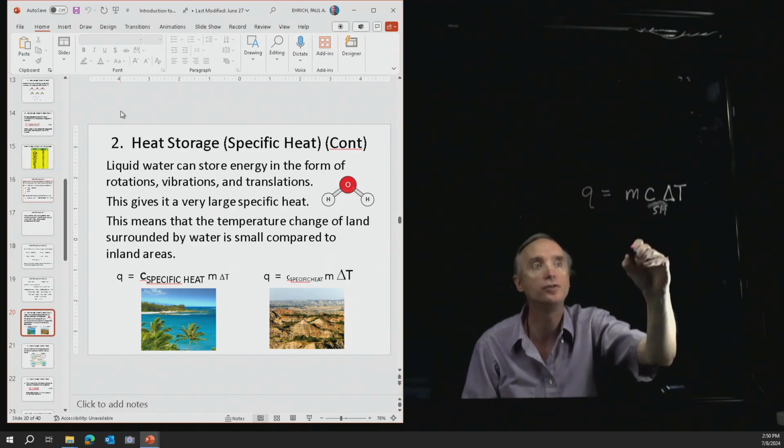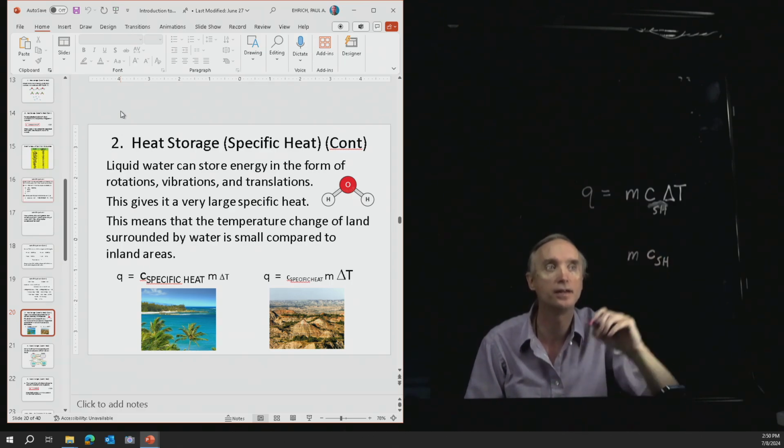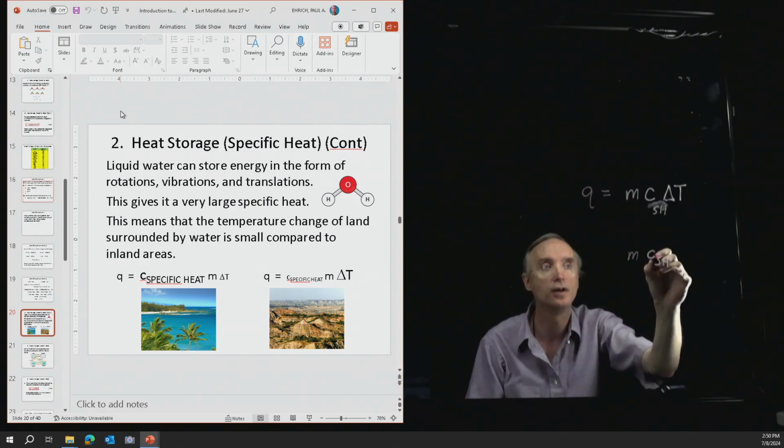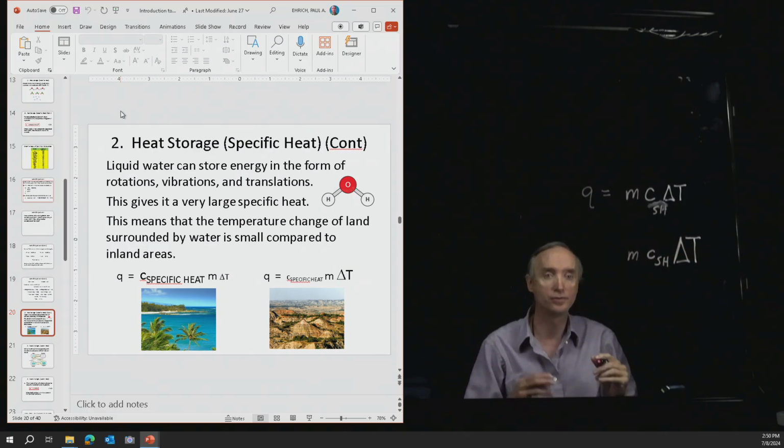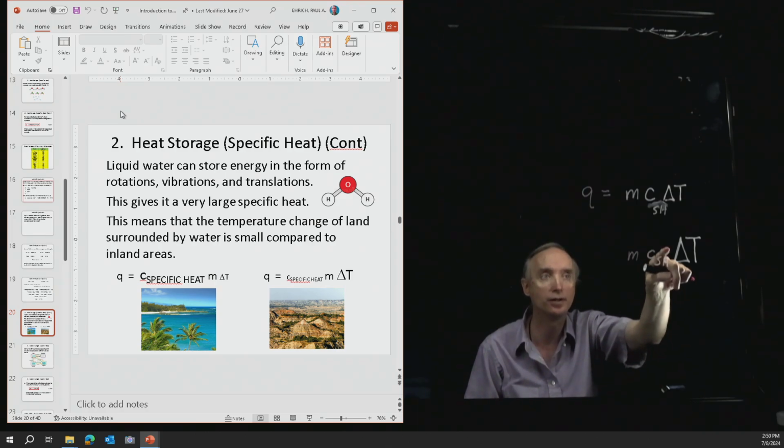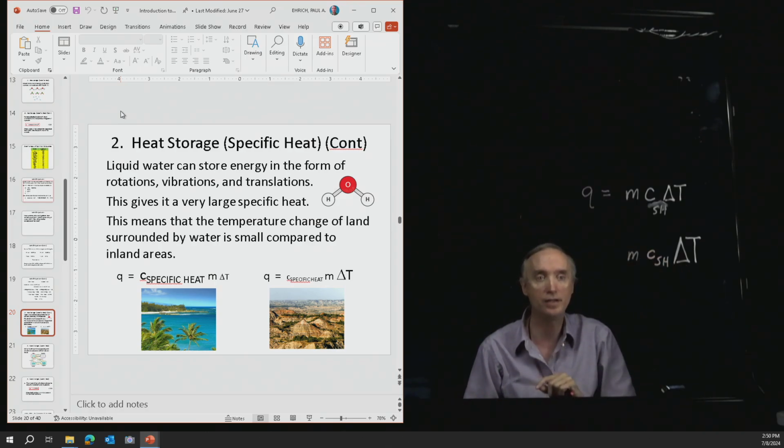And so if you have a certain amount of rock, then the temperature change of that is going to be very, very large. So when the sun shines on rocks, the temperature of those rocks increases very, very rapidly because rocks don't have the ability to hold a lot of heat.